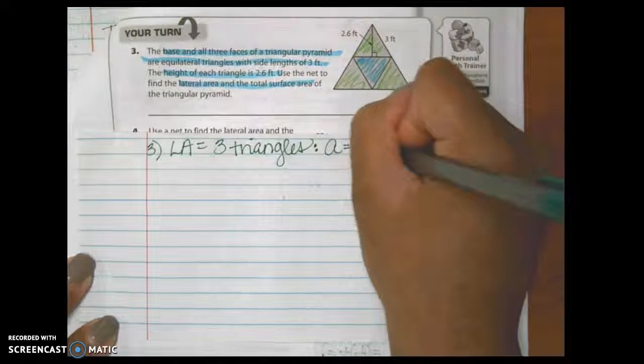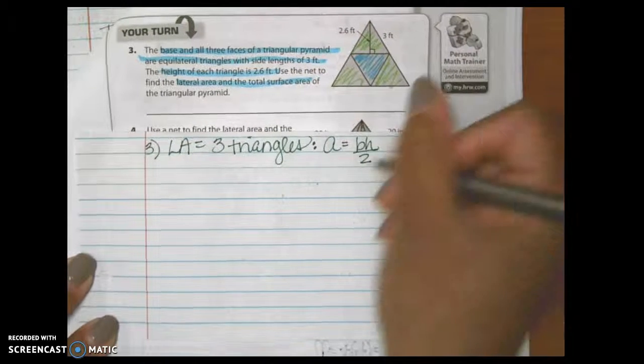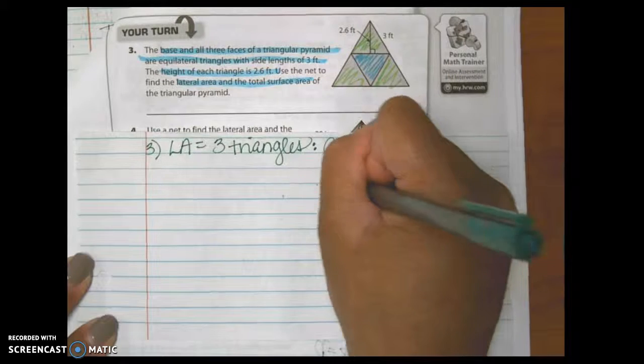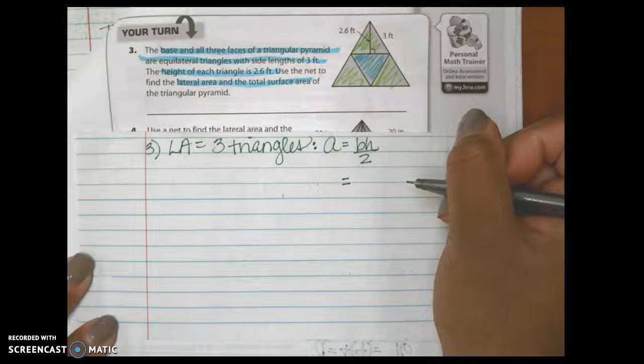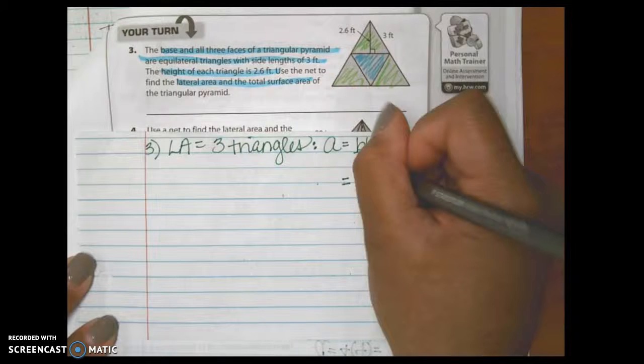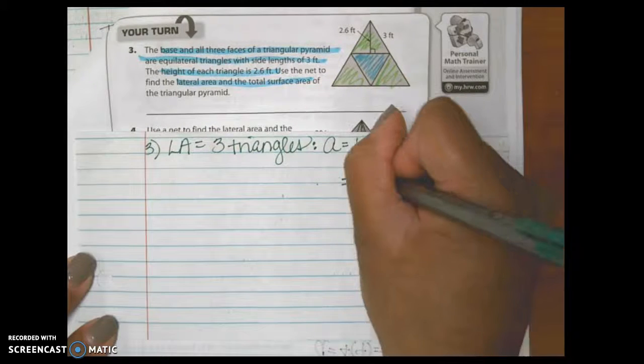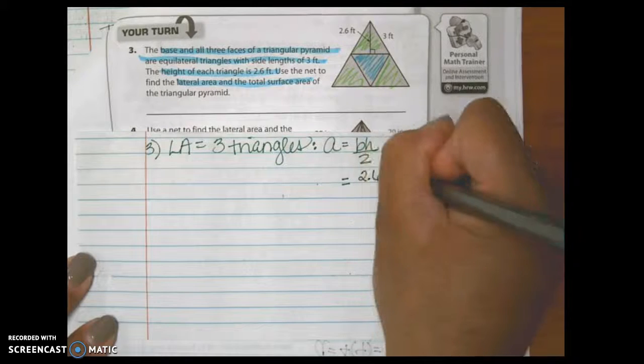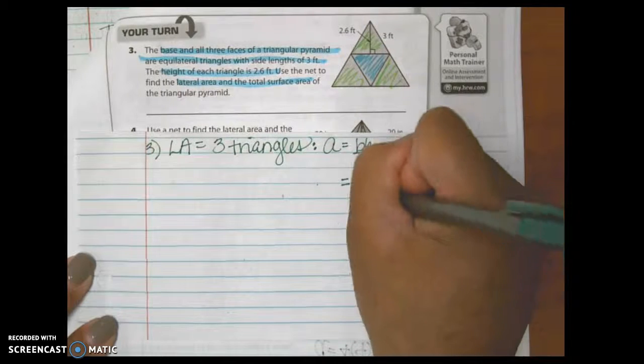1/2 base times height, or base times height divided by 2. So, what's my base and height of this triangle? The base is 3. 2.6 times 3 divided by 2.